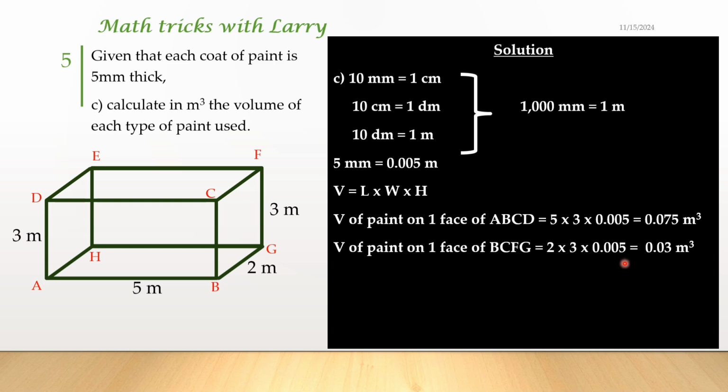Now, if we look at the surface area BCFG, we will also see that the volume of paint on that face is 0.03 cubic meters.